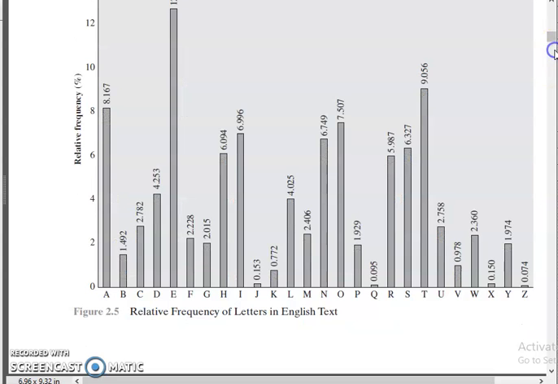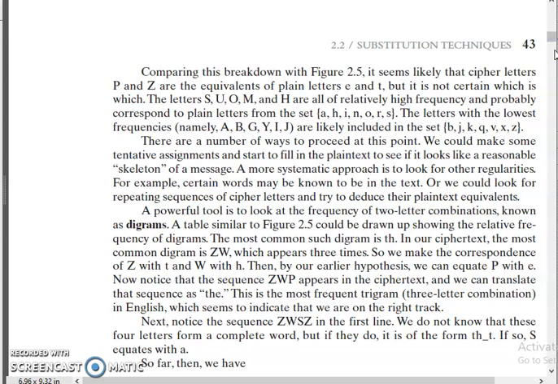By using this, the cryptanalyst searches for the plain text. Wherever the letters P and Z occur, the cryptanalyst uses E and T. For the letter P, the cryptanalyst uses the letter E. P and Z are ciphertext; letters E and T are the plain text.